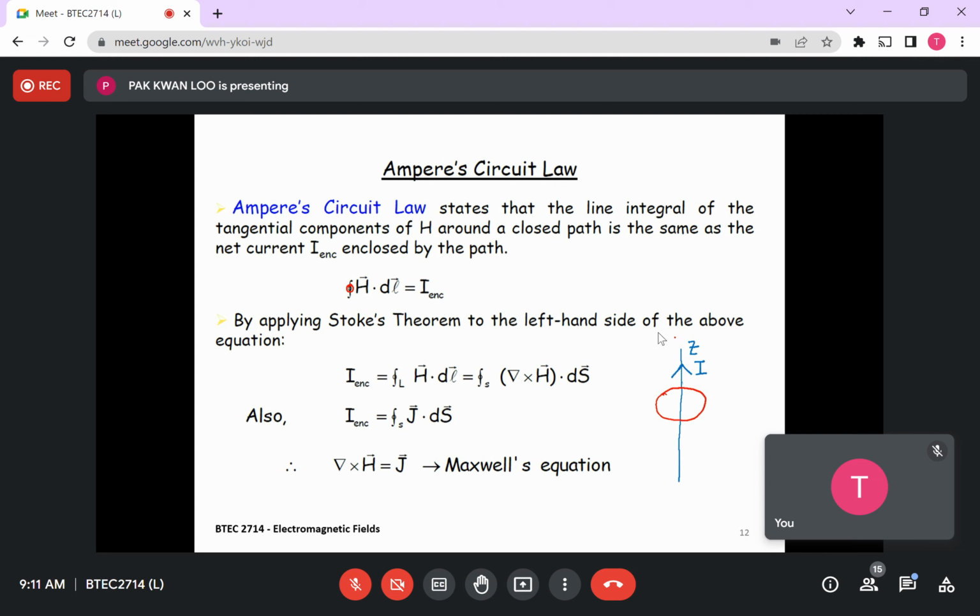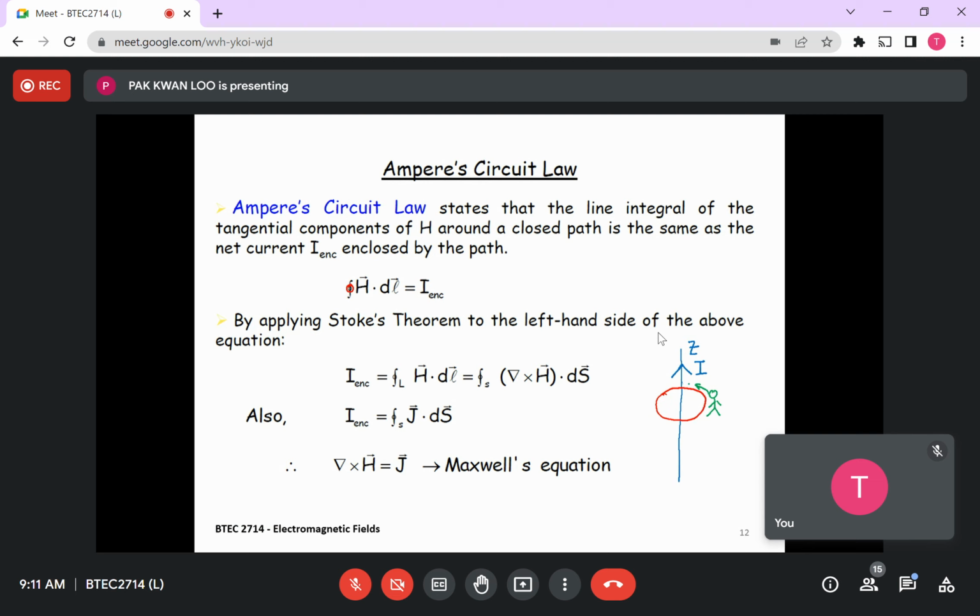So the assumption is it must be symmetrical. Symmetrical means if I have a path here, the path can be applied anywhere along the line current. Let's look at the symmetrical part of it. Let's say you're walking along this circle, observing the current direction.